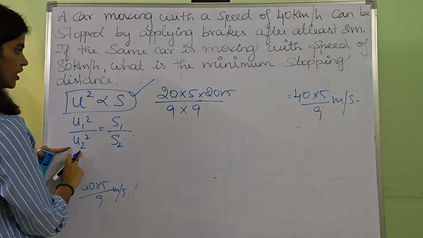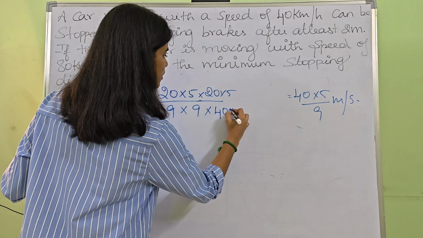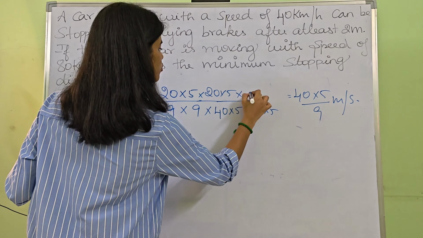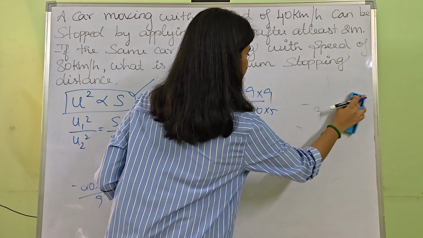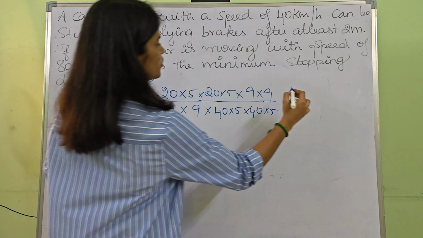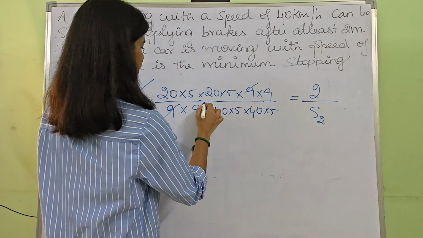Okay. And next, what they provided, so u2. So u2 is 40 into 5 by 9, again squared. So the 9 moves into the numerator part. Okay. So next thing, s1 they provided 2. So s2 we don't know. Now just cancel 9, 9.